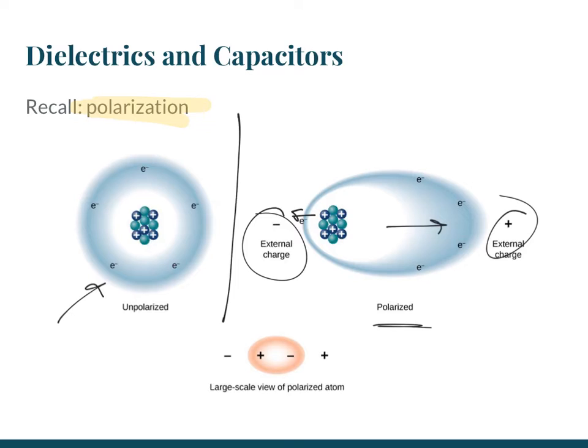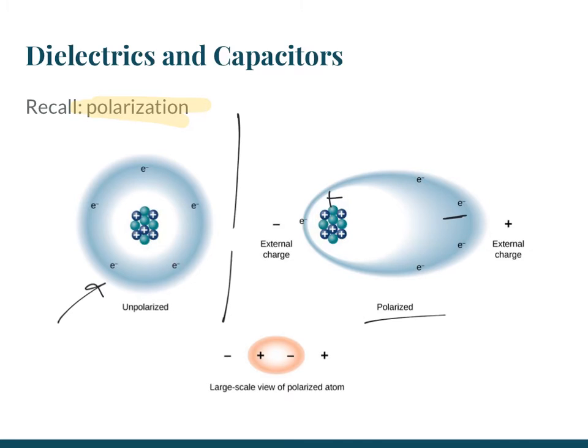So what that means is that overall, inside the atom, you end up with a positive side and a negative side. In this one here, the nucleus is the positive, and always the nucleus is the positive, and the electron cloud is the negative.